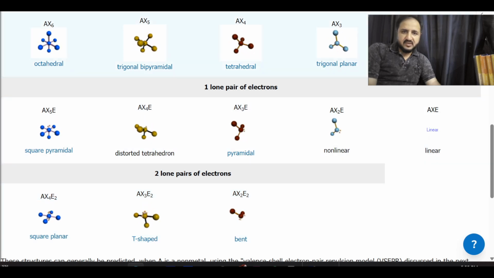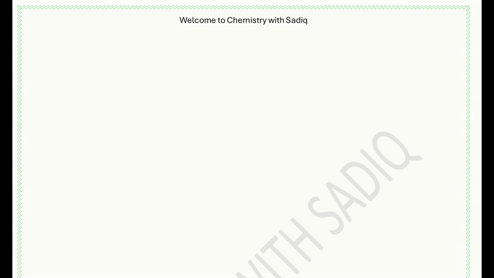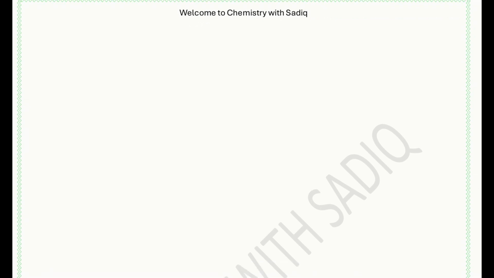So be very okay, dear students. VSEPR concept, we are working on that. According to this concept, we have a central atom represented by A, which is surrounded by different kinds of atoms, can be 1, 2, 3, 4.